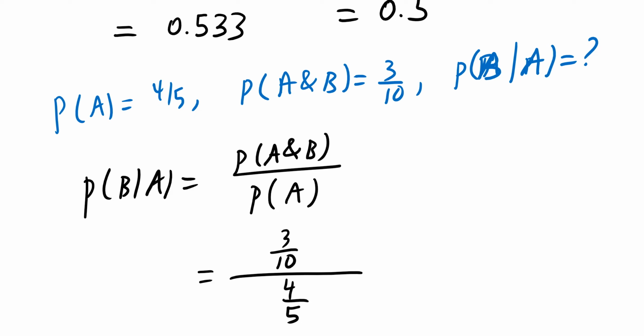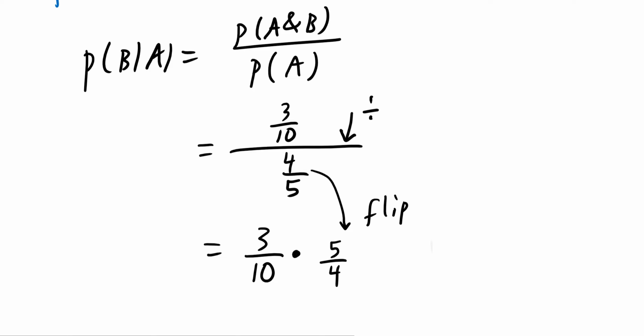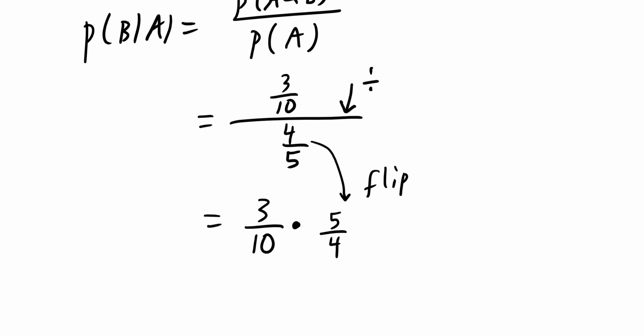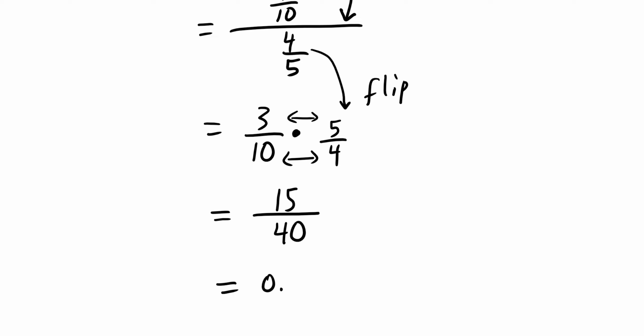Now, how do you simplify such a fraction? This is the main division sign. We can always keep the top fraction the same, switch that division to multiplication, and flip this fraction, making it 5 over 4. You can now multiply the top by the top, 15, and the denominator by the denominator, 40. Then you can either leave it like this, or if you want the decimal form, this exactly equals 0.375.